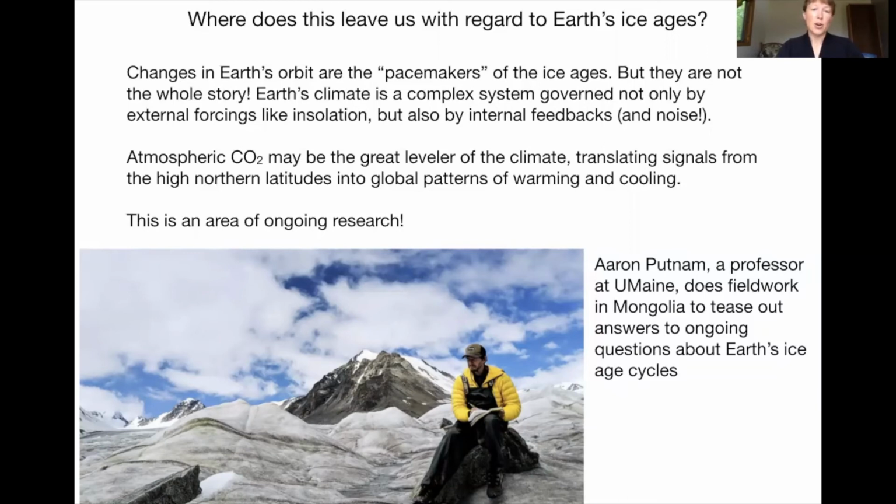And so overall, we do see that CO2 in the atmosphere is the great leveler of climate. It helps translate signals from one hemisphere into the other. And we saw that both of those bipolar seesaw mechanisms, the oceanic and the atmospheric mechanism, both release CO2 into the atmosphere because of how they affect the Southern Ocean.